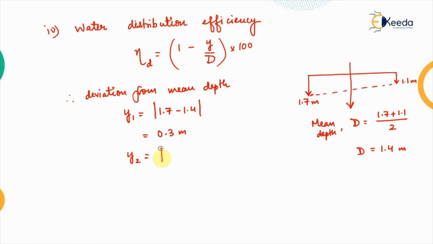For y2, again the mod of 1.1 minus 1.4 is again equal to 0.3 meter. Therefore the average deviation will be equal to y1 plus y2 divided by 2, and that will again give us the value of 0.3 meters.